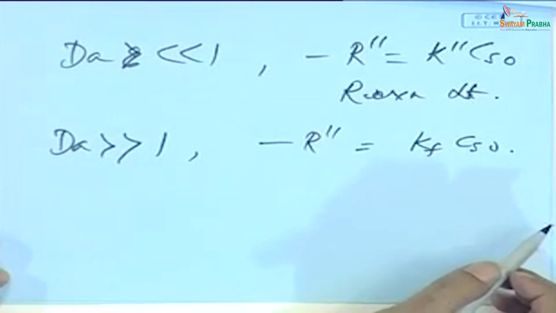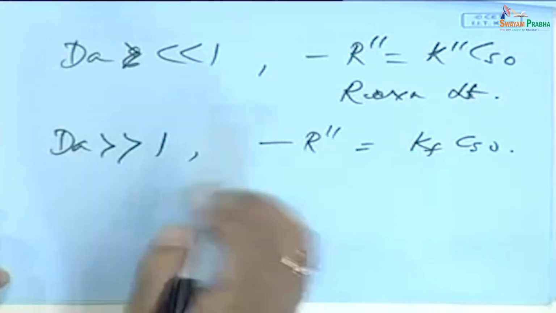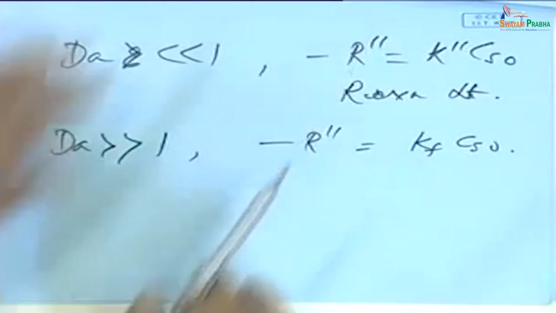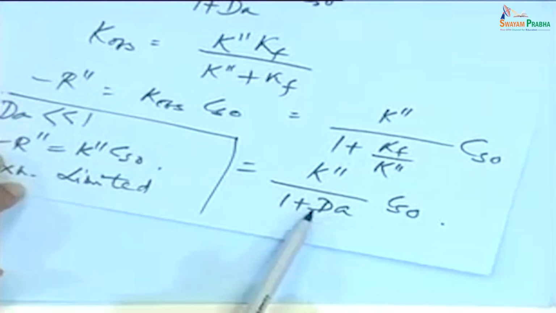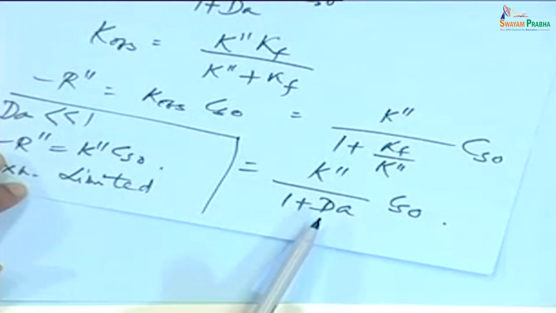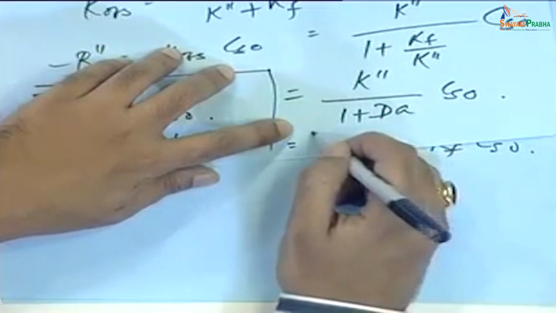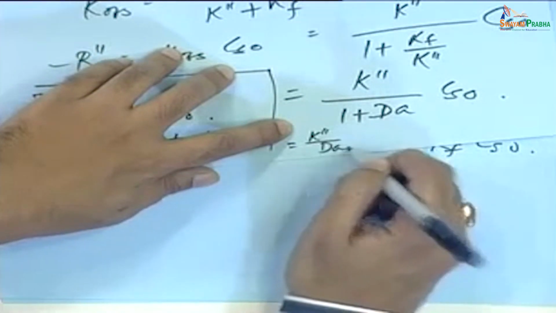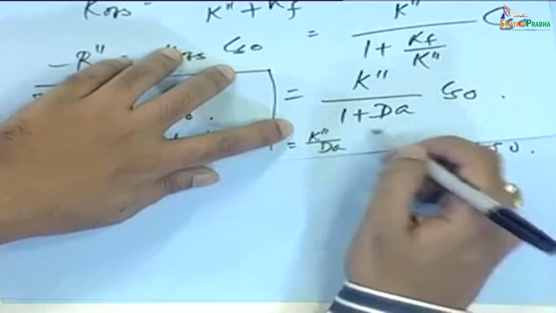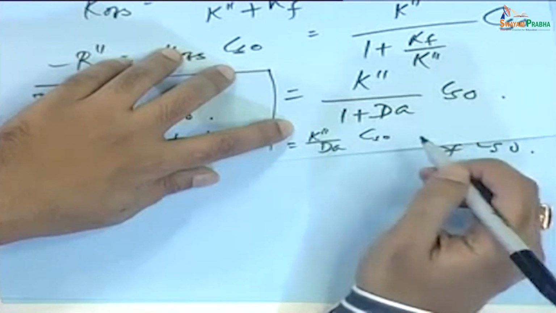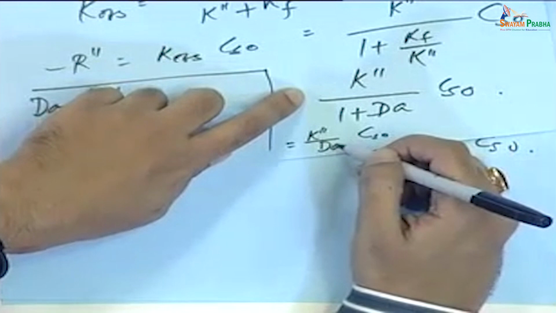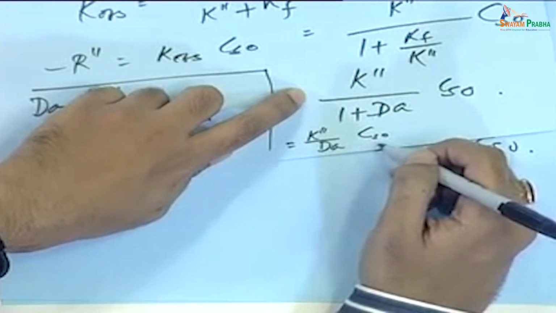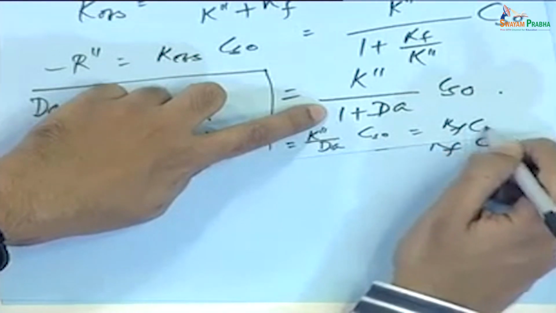right, because if this is much greater, then you take the inverse of that and take the limit, because here you cannot take the limit directly. What you have to do is put this over here. So, you will have K double prime over Da, and then substitute back in that. K double prime over Da, and then Da equals Kf over K double prime, and then you will get Kf Cs naught, fine.